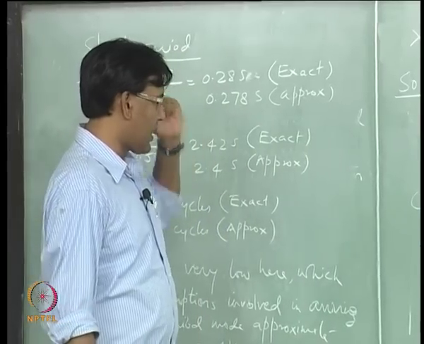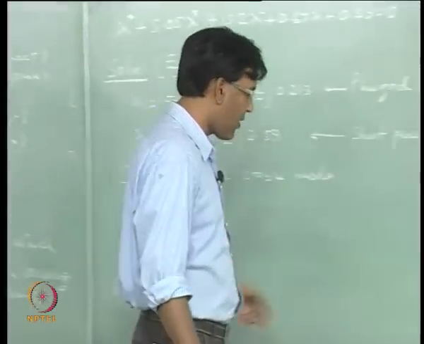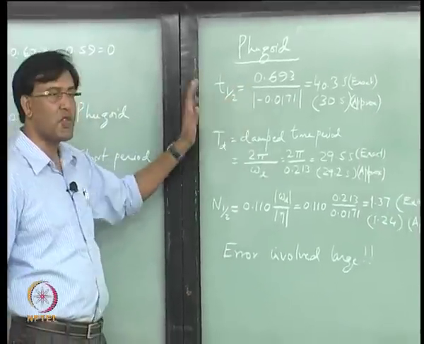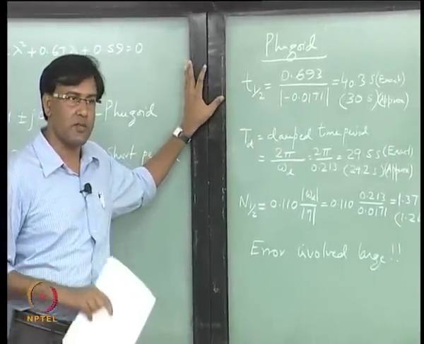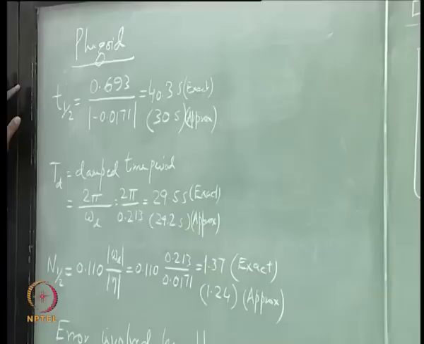So there are arguments based on that. What people have come down to is that the phugoid mode is actually an ensuing motion. It comes from the short period. So when the short period ends, then you have this motion starting.